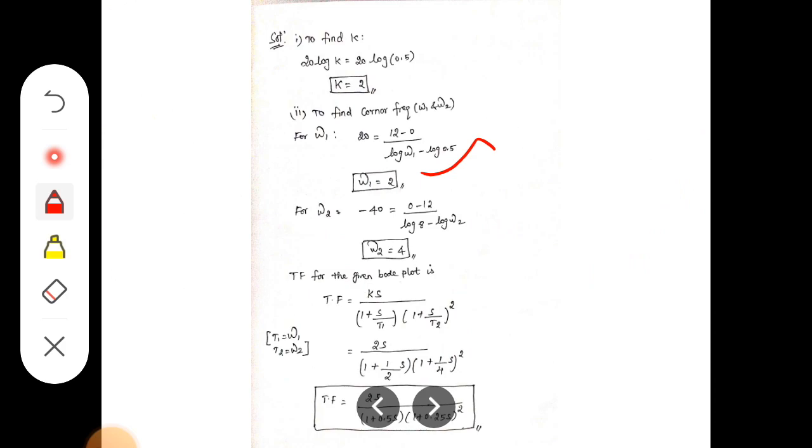Then substitute into the function, as I already told, for the given transfer function ks divided by s plus 1 term, then s plus b the whole square. So from this equation 1 plus s divided by t1 is replaced by omega 1, t2 is replaced by omega 2. It will be written as 1 divided by 2s plus 1 divided by 4s square, so 0.5 s then 0.25 s square. This is the final answer for the given problem.